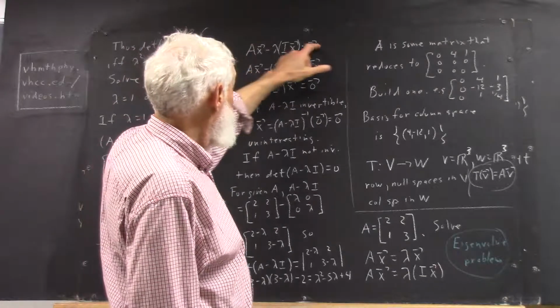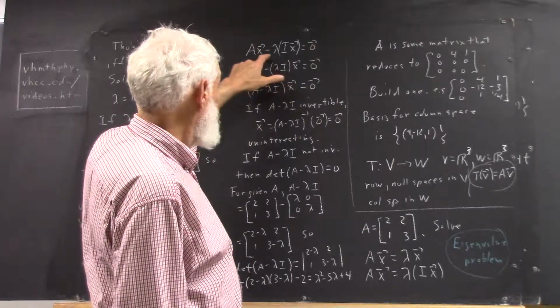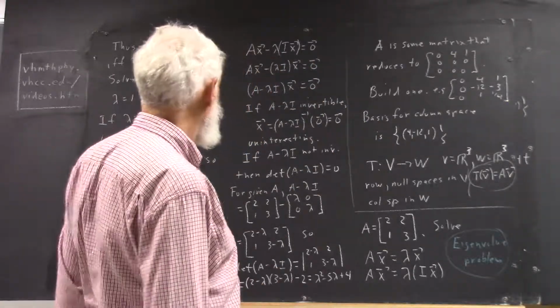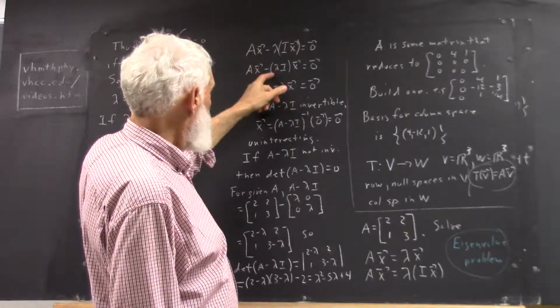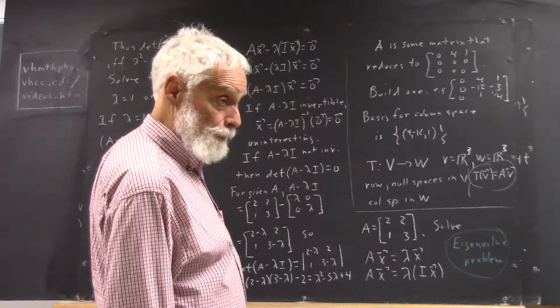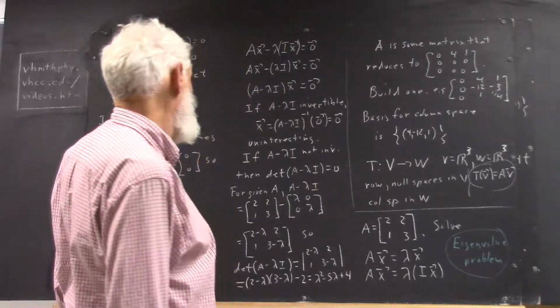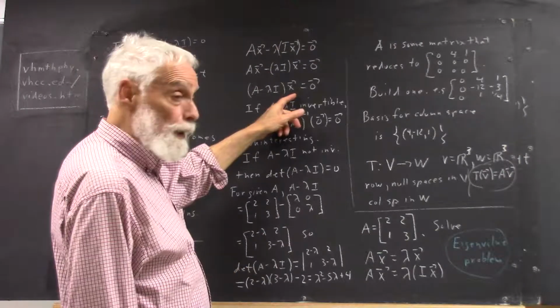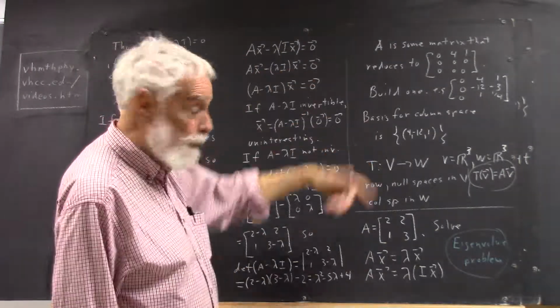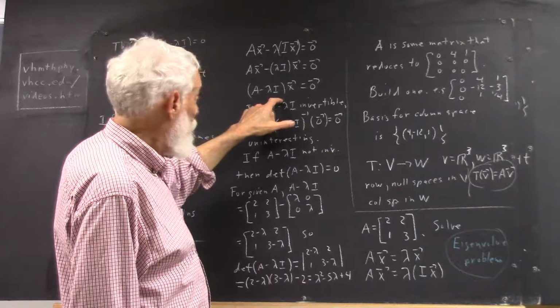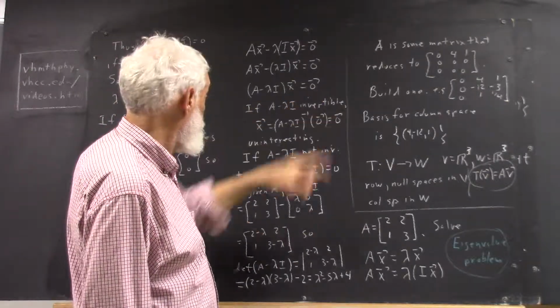Now, having done that, lambda times Ix, by rules I hope we've proven and understand, is the same as lambda I multiplied by x. So the left-hand side becomes this, and then if I simply factor out x, which I can by the linearity of matrix multiplication, I get A minus lambda I times x equals 0.